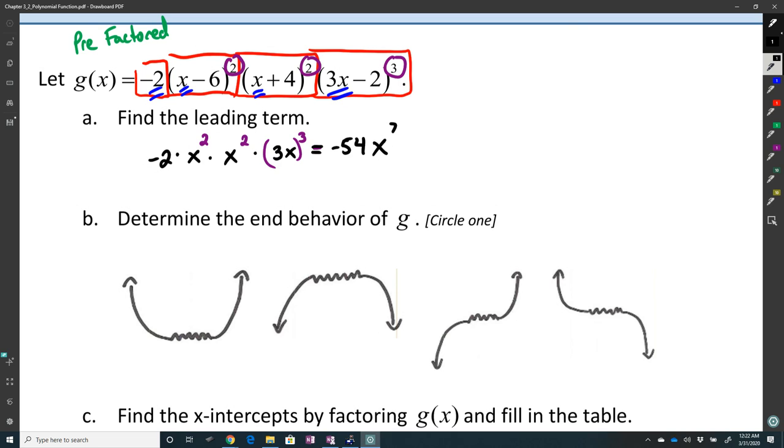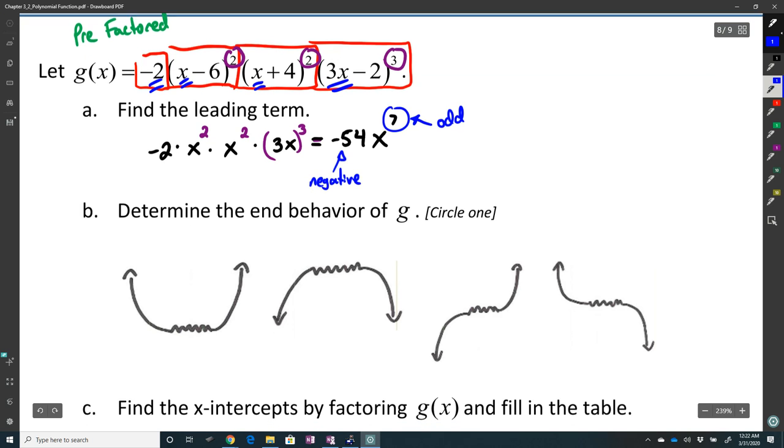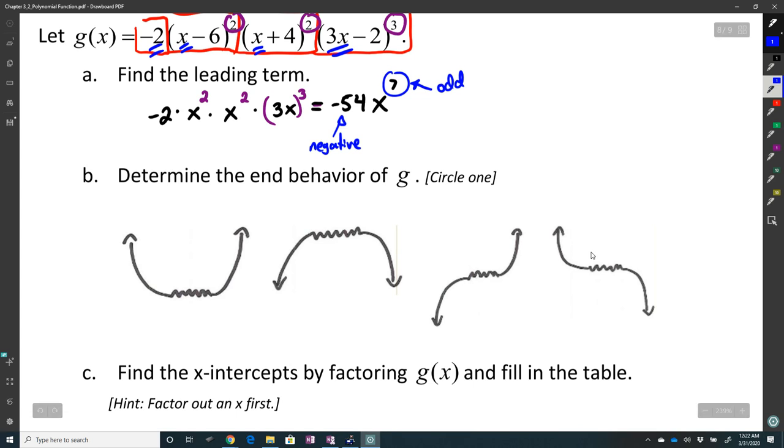All right. So now we're going to determine the end behavior. To do that, it's all based on the leading term. We know that this exponent is odd, and this number is negative. Well, we know that these two parabolas are if it's even. These two are if it's odd.